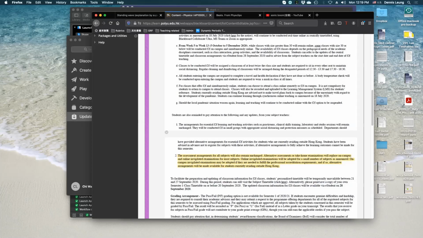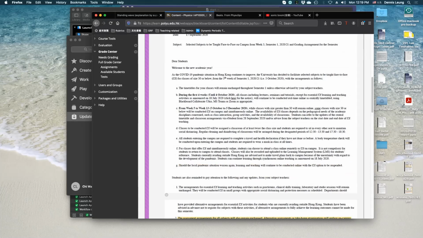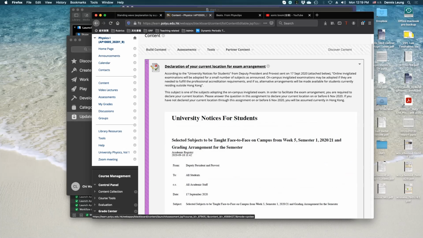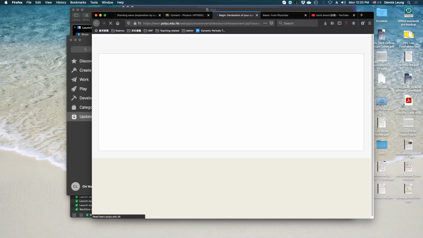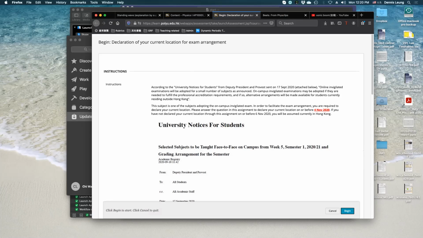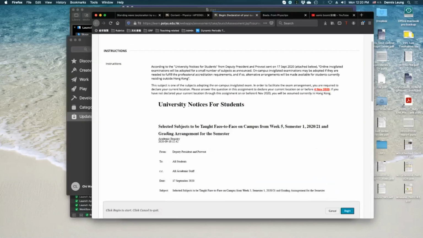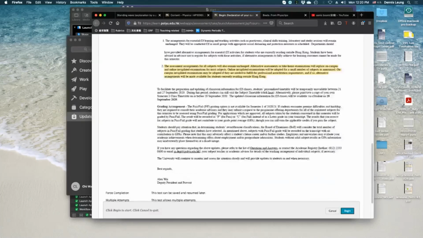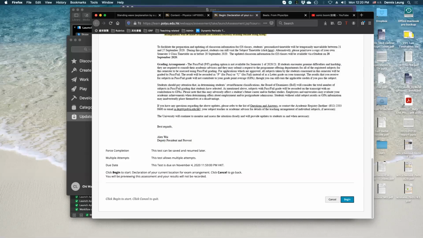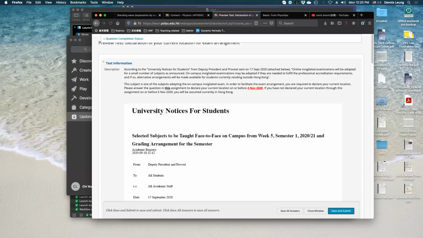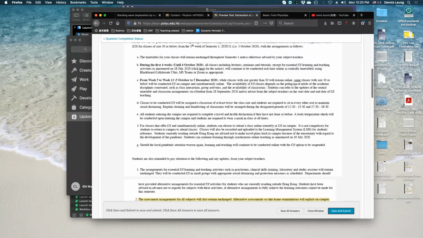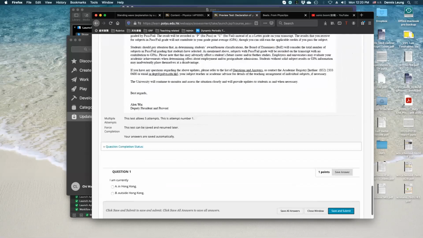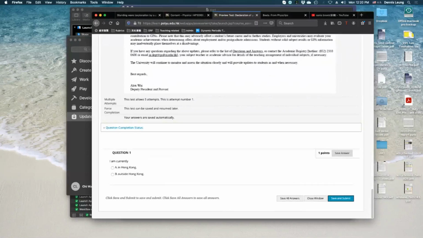So what we would like you to do now is make use of 1 minute. Click in this declaration. You first read the whole passage, and at the end, you will be asked to declare your current location, whether you are in Hong Kong or outside Hong Kong.